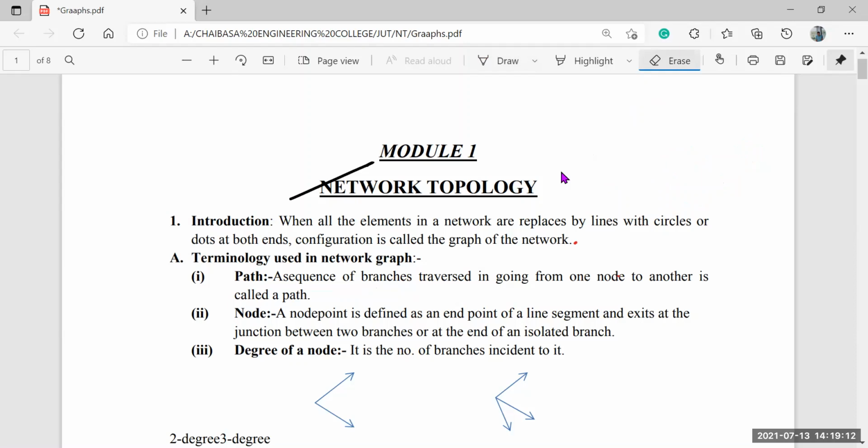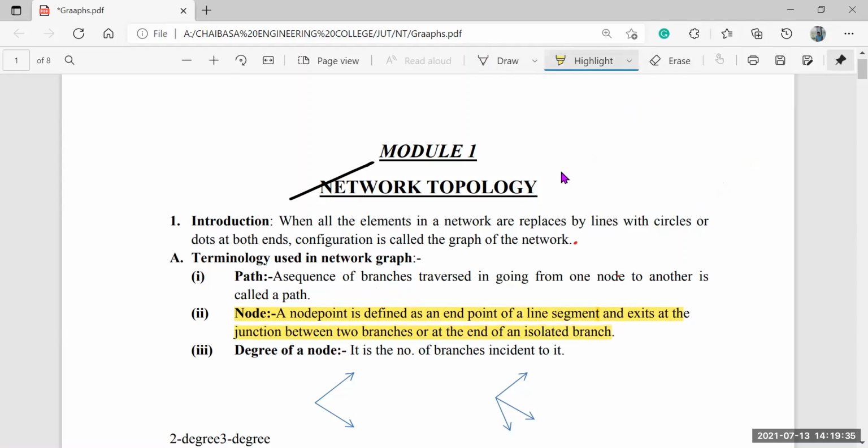Now, what is a node? A node is defined as an endpoint of a line segment, and exists at the junction between two branches or at the end of an isolated branch.